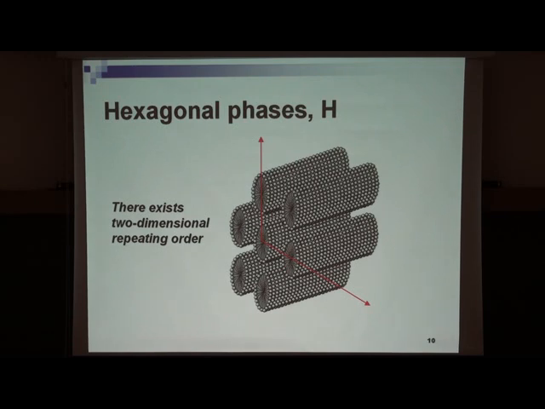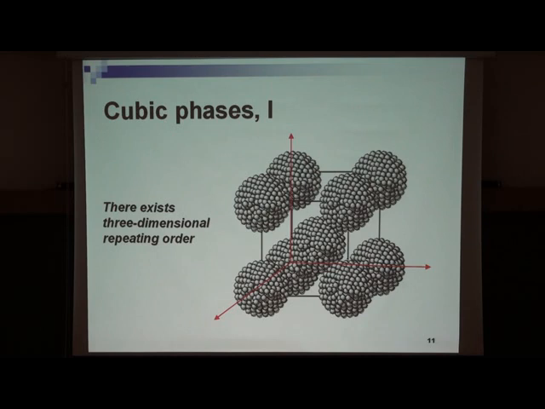In the hexagonal phase, infinitely long cylinders are arranged in a hexagonal array. So there exists a 2-dimensional repeating order in this phase. And in the cubic phase, the micelles have certain positions in 3 dimensions, x, y, z, and so we can say that there exists a 3-dimensional order.